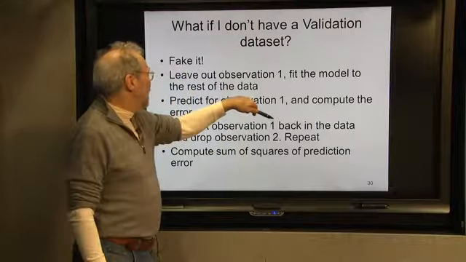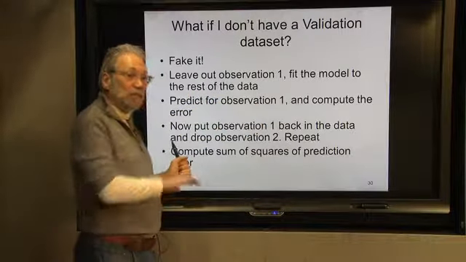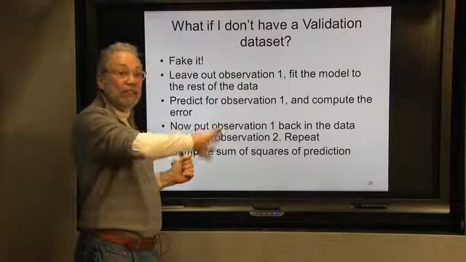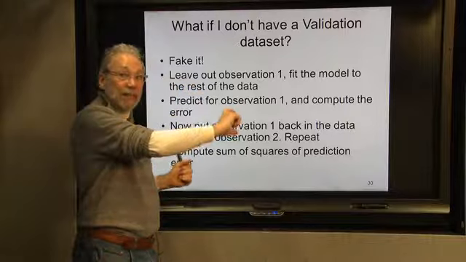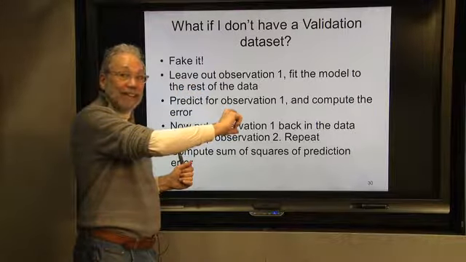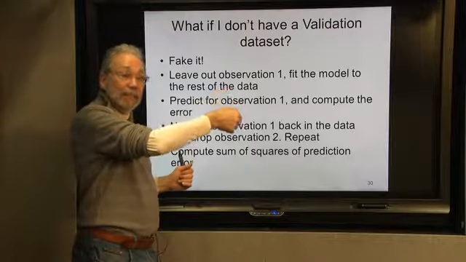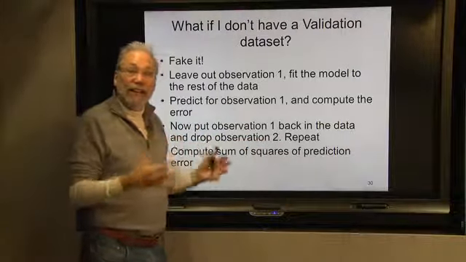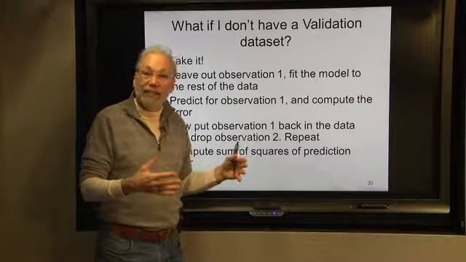Put observation 1 back in, take out observation 2. Fit my spline with the given value of lambda, predict how many people die on January 2nd, compare it to how many really died, square that. Keep doing that through the whole year. I get 365 squared errors, and I sum them.